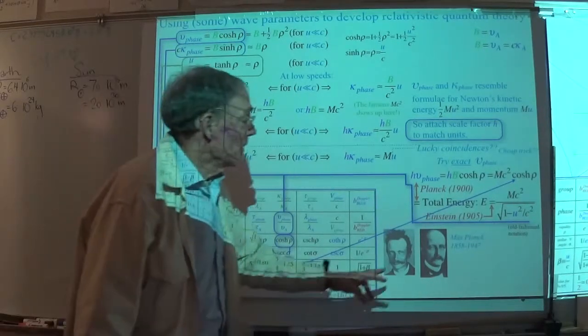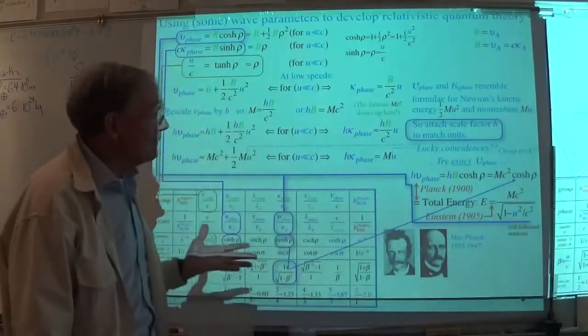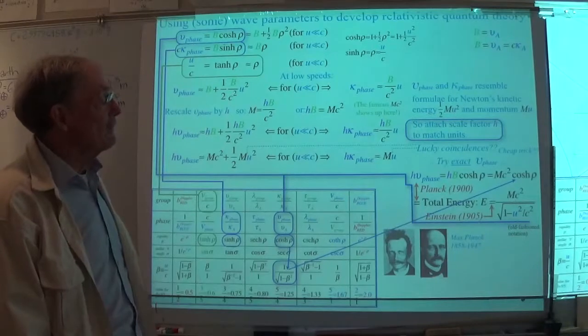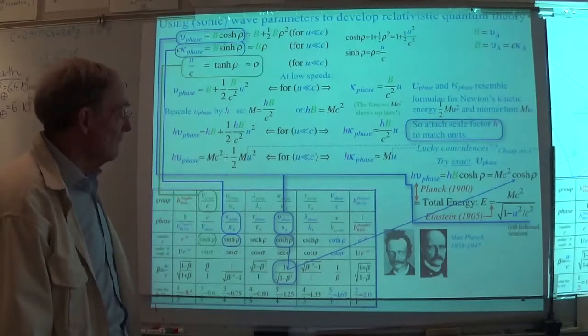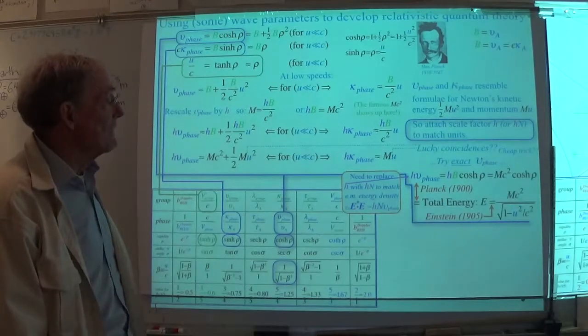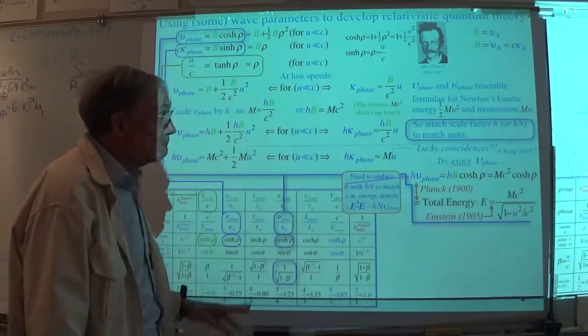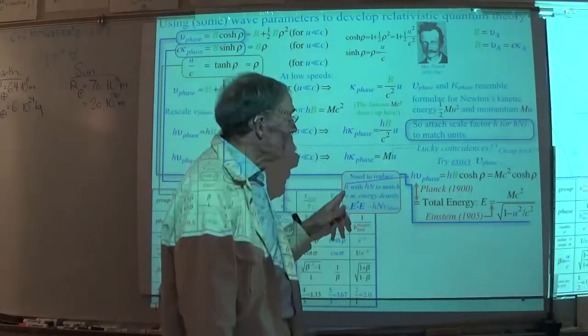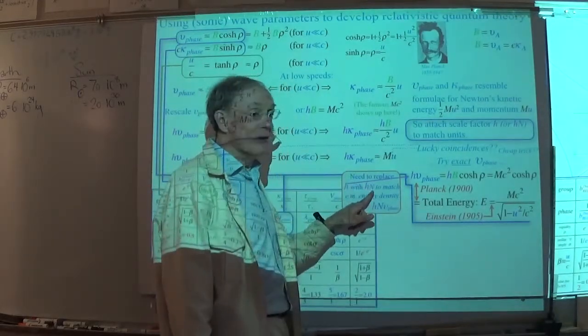Now you've got to realize Planck did this stuff as a hypothesis that he really hated for quite a few years because he thought he'd made a horrible mistake, really felt depressed. The thing that needs to be replaced here is this H with H times an integer.